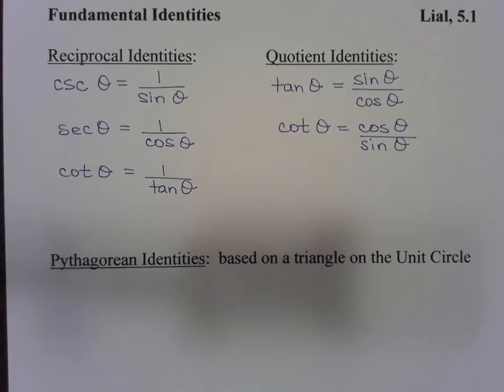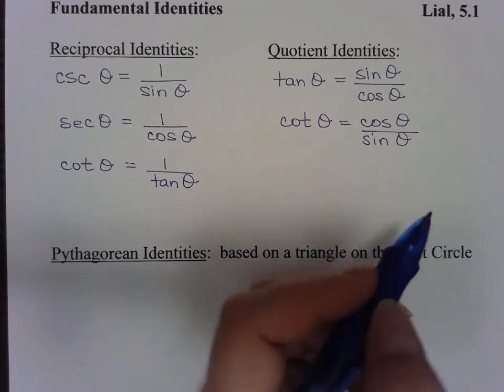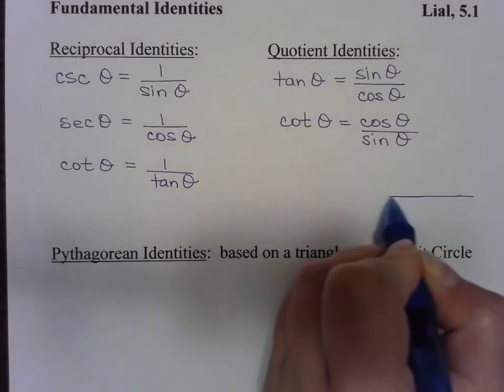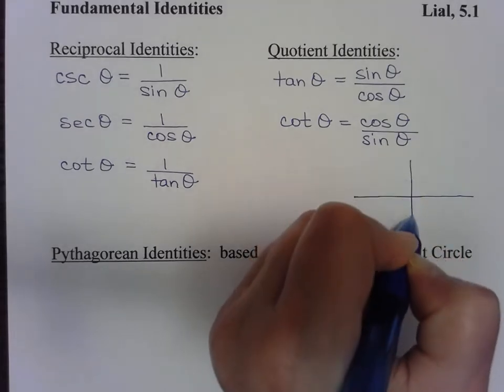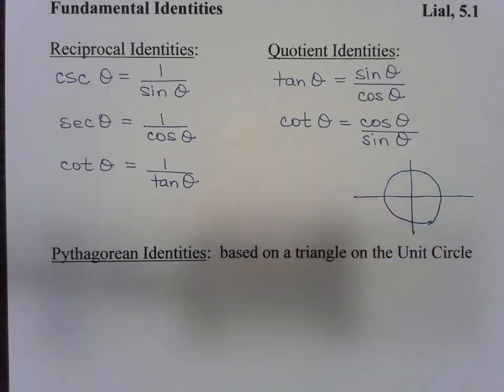Okay, beyond those, we also have what are called the Pythagorean identities. These are based on a triangle on the unit circle. We've done this in the past, but let me go ahead and do that really quick. So let's say we had the unit circle, which means the radius is 1.